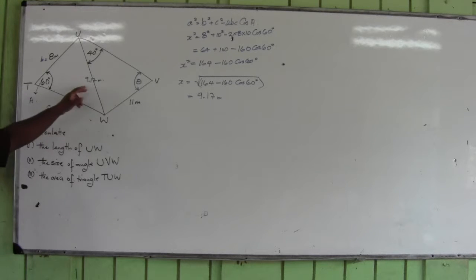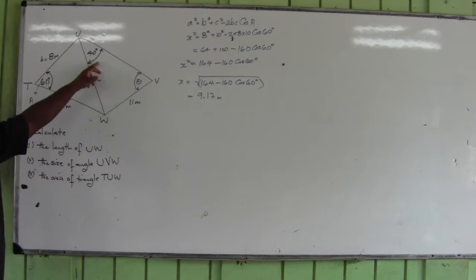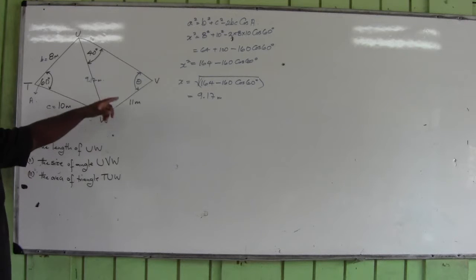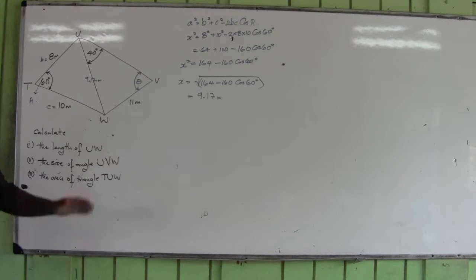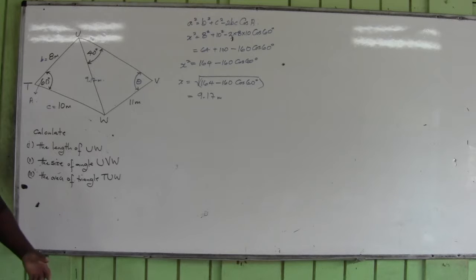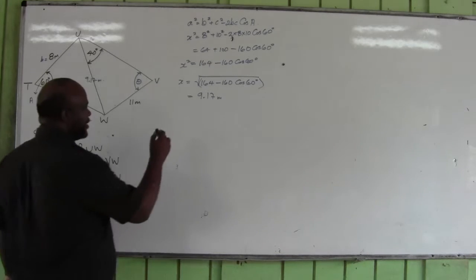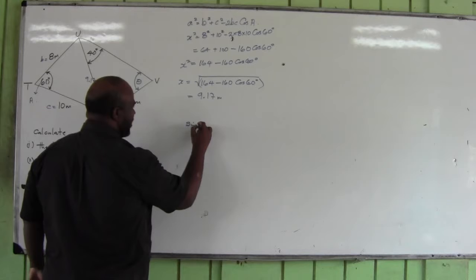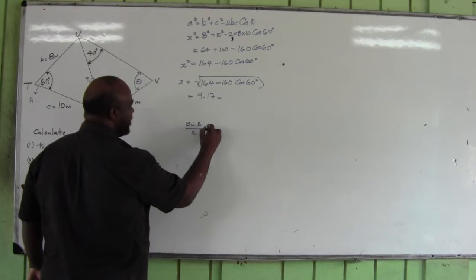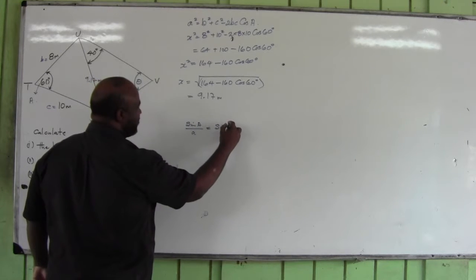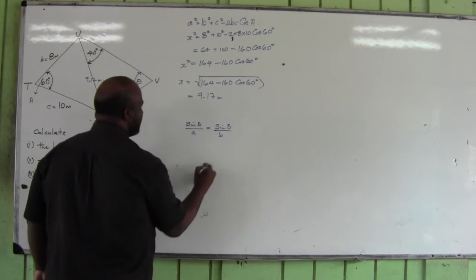If you're given two sides and a non-inclusive angle, to find the other non-inclusive angle, that is a condition for applying the sine rule. Ladies and gentlemen, with the sine rule, whatever I want to find, that is what I start with. So I'm going to say sine A over A is equal to sine B over B.